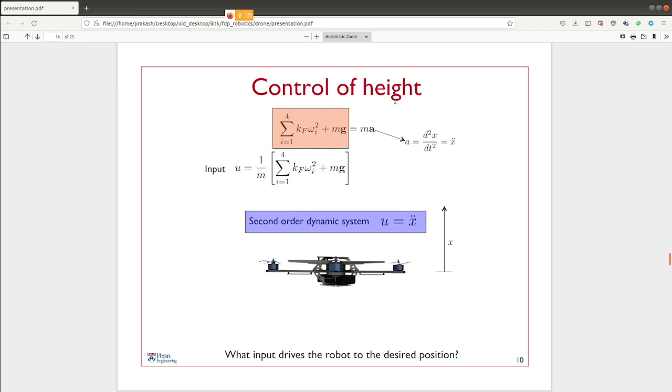By exploiting this governing differential equation, where this A is x double dot. Here I am going to achieve the height by controlling the acceleration. How am I going to control the acceleration? By choosing the appropriate omega i. So what should be my u, so that I could achieve my particular height x? That's what we are going to focus on now.